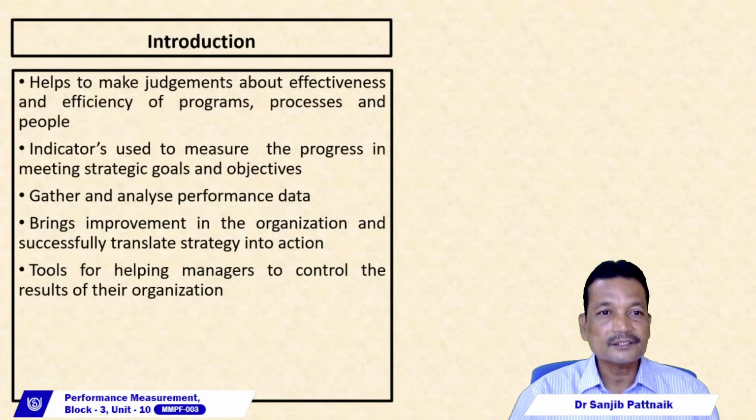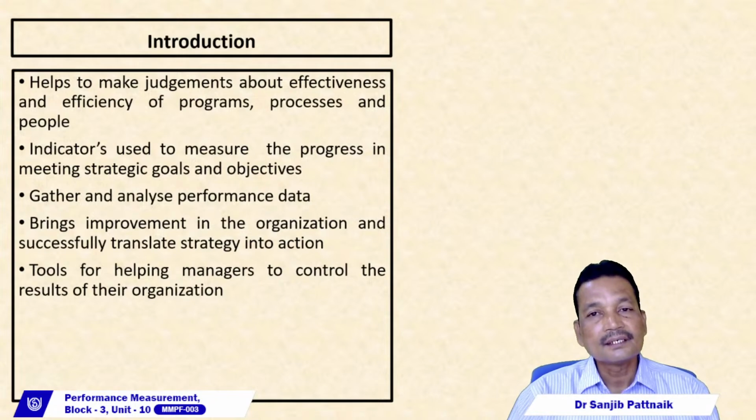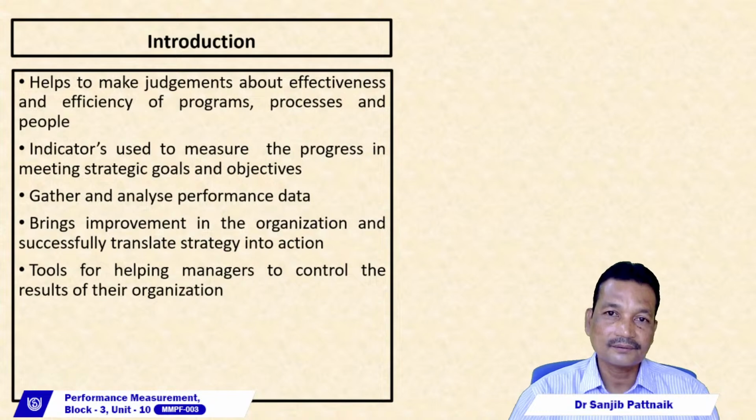Performance measurement helps to make judgments about the effectiveness and efficiency of programs, processes, and people. When we talk about performance management, we talk about effectiveness and efficiency. That means how much we are able to accomplish regarding the tasks, programs, processes and human resources.